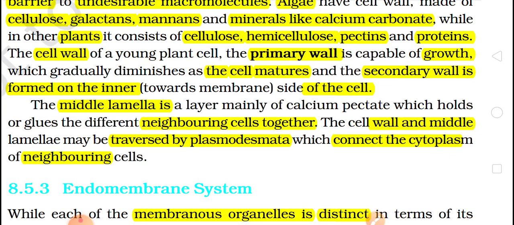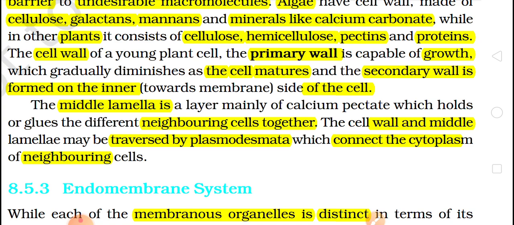Now children, there is a layer called the middle lamella, made mainly of calcium pectate, which holds the neighboring cells together. The cell wall and middle lamella may be traversed by plasmodesmata, which connect the cytoplasm of neighboring cells.